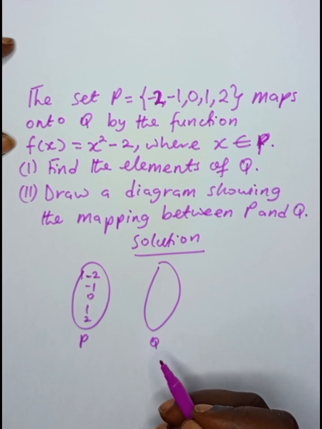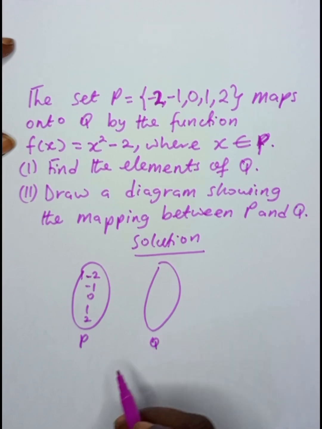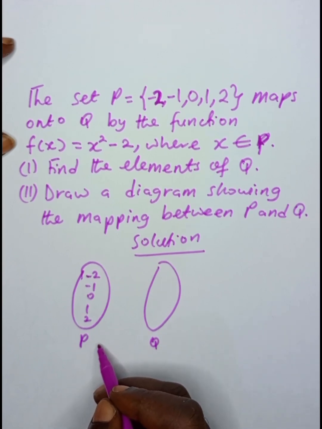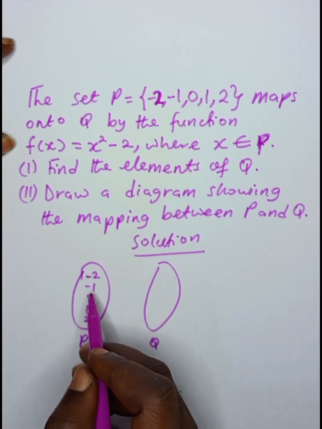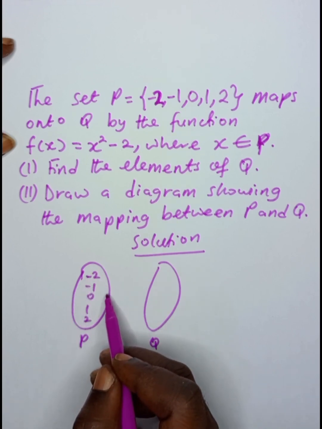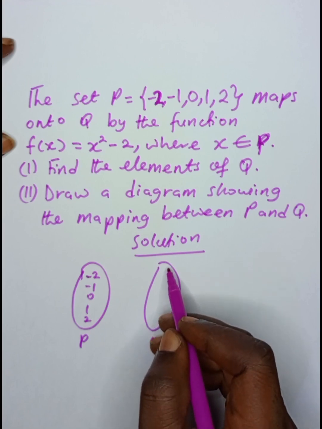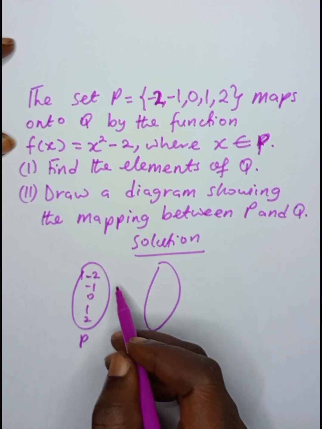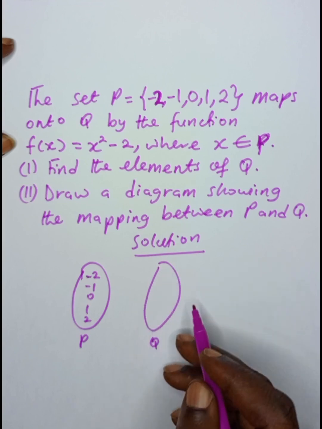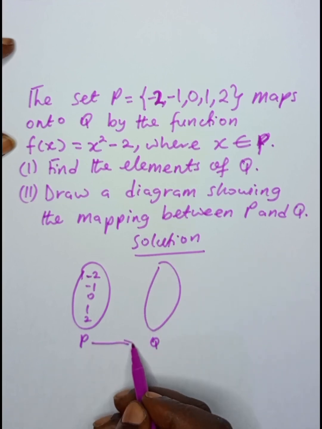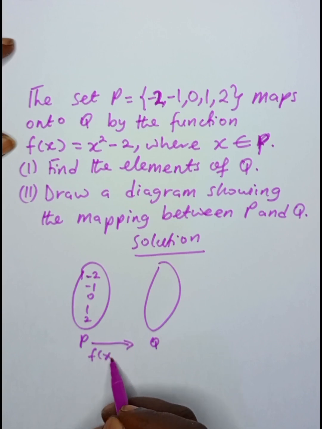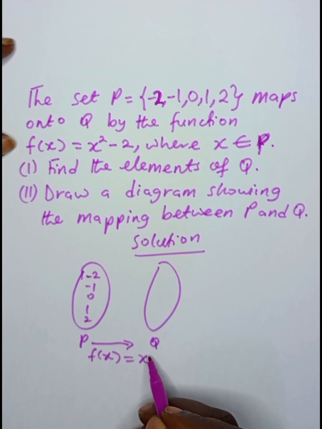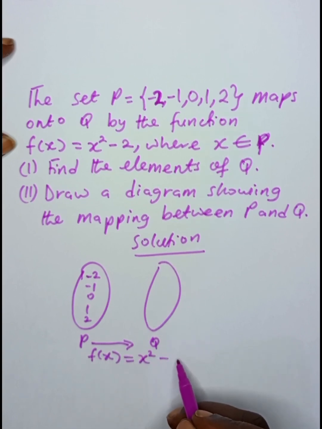So we have the elements of Q to be here. And there is a function that is transforming the elements of the domain, or the elements of P, to get the elements of the codomain, the elements of Q. And this function is f of x equals x squared minus 2.